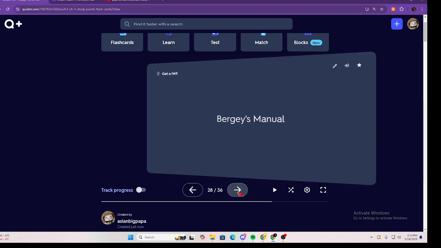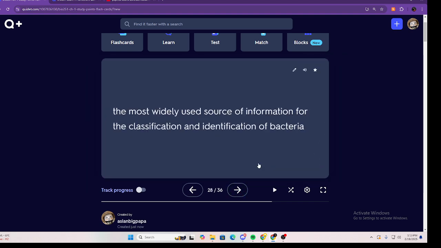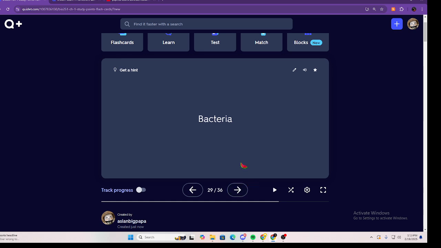Bergey's manual is basically the information for classification and identification of bacteria based off characteristics. So it's classifying bacteria based off whether it's aerotolerant, aerobic, stuff you don't need to know yet, but basically just based off of characteristics.